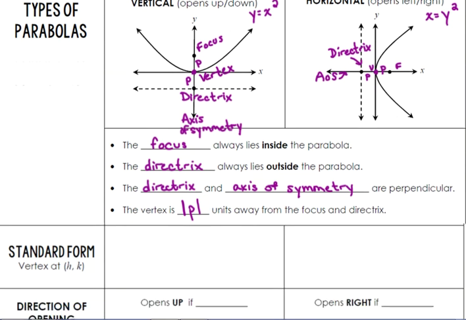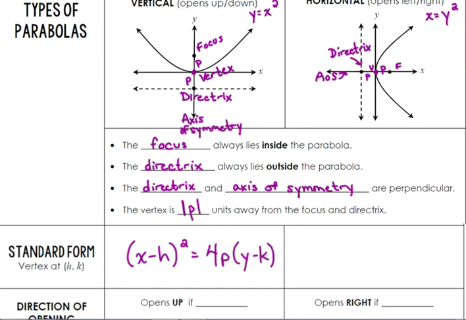So your standard form looks a little bit different than the way that you're used to parabolas looking up to this point. The vertex is at (h, k), so similar to our centers. So (x minus h) squared equals 4p times (y minus k).